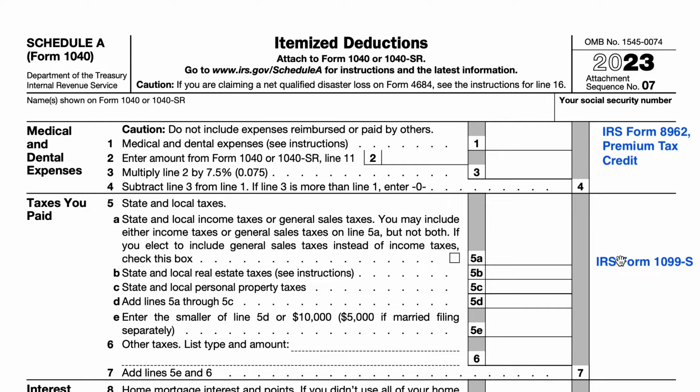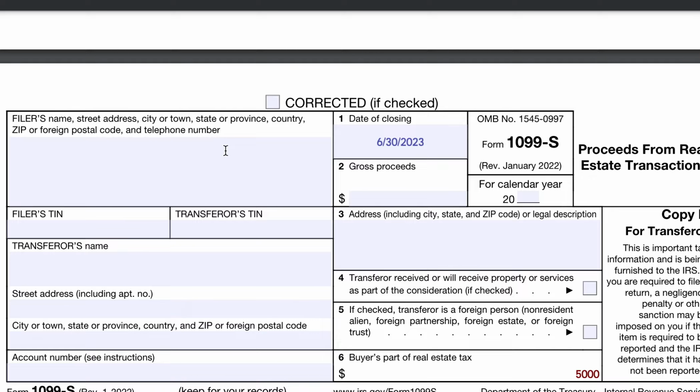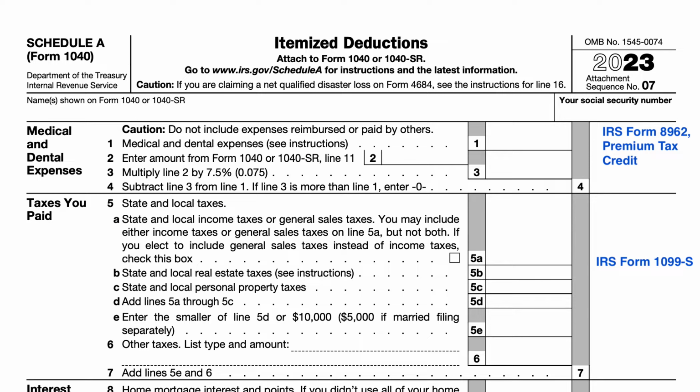A. The next form is IRS Form 1099-S, which is proceeds from real estate transactions. So if you sell a home during the tax year, you are able in most circumstances to exclude capital gains tax from the sale of a primary residence if you meet certain ownership and use requirements.